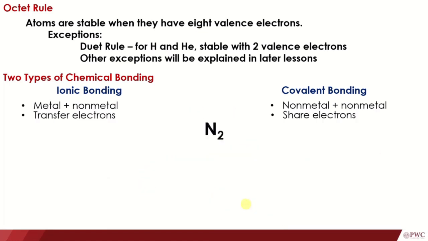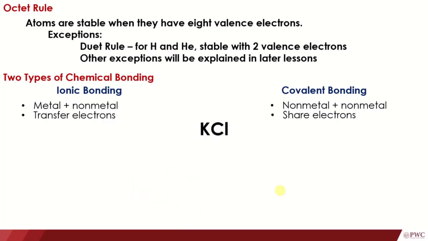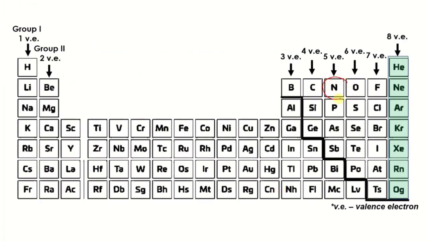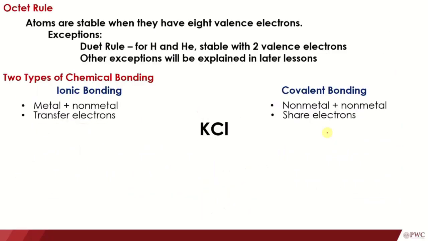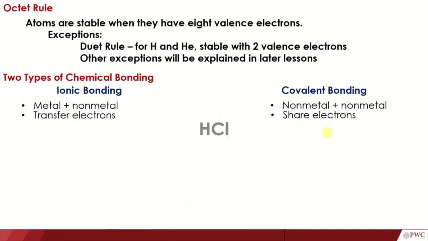Let's have another one. Let's have N2. N2 is composed of two nitrogen atoms. Nitrogen is a non-metal element. Non-metal plus non-metal.